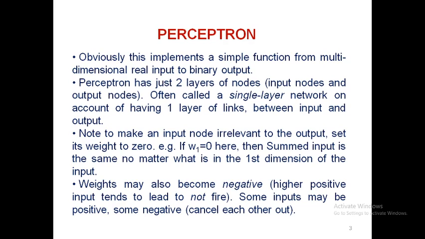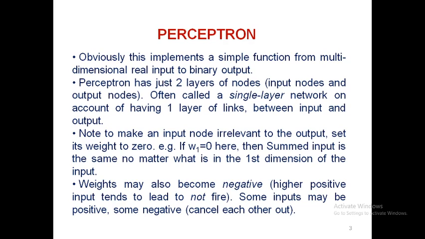So when W1 is equal to 0, the summed input is the same as with the remaining inputs, because even though some information is presented by default at the input node, it is multiplied with the corresponding weight. The corresponding connection link will pass no information, because W1 into the corresponding input will be 0, since W1 is equal to 0.